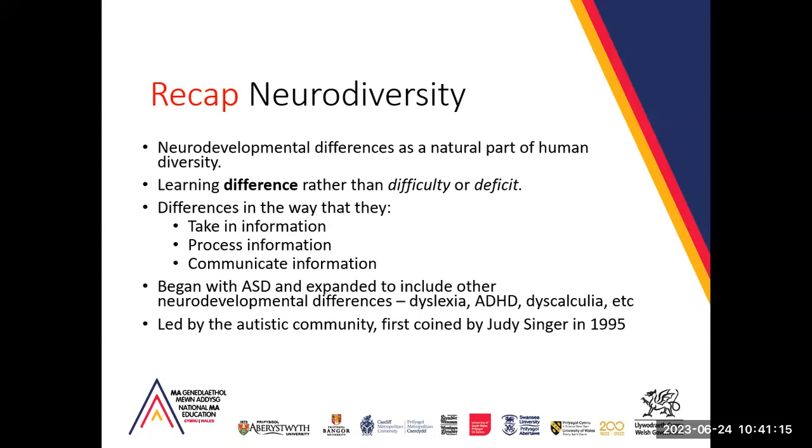They're a different way of processing information. They're different ways of thinking, whether that be to do with taking in information, processing information, or communicating information. And therefore, as educators, it's important to be aware of that and to think about how you might adapt the provision that you have and the instruction and the activities within your education settings.